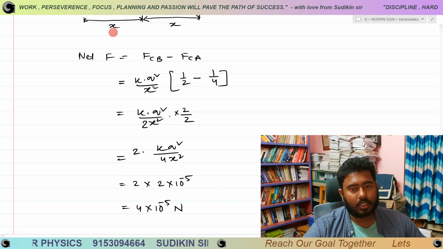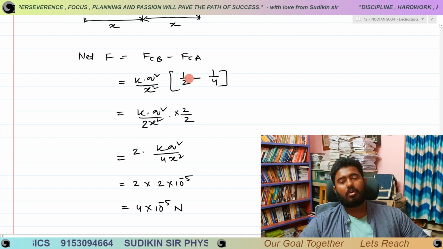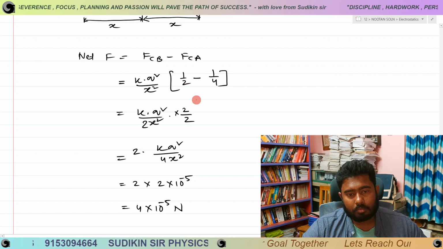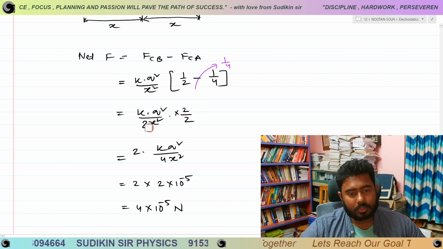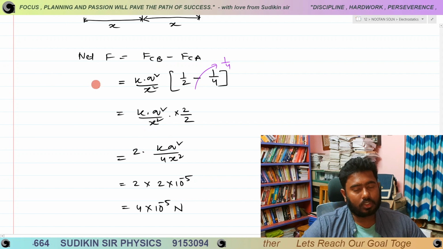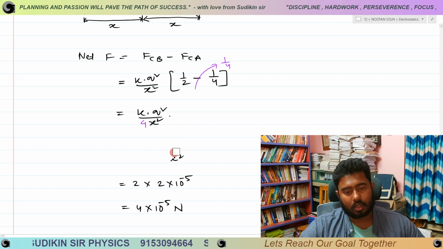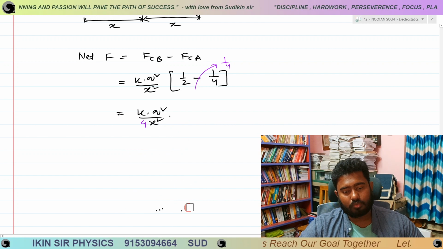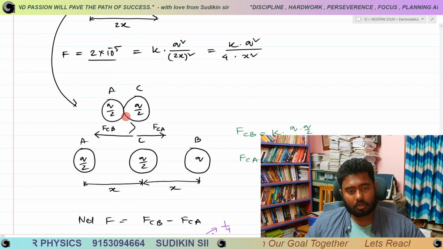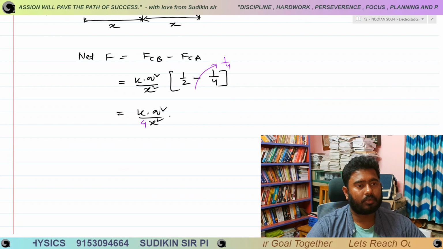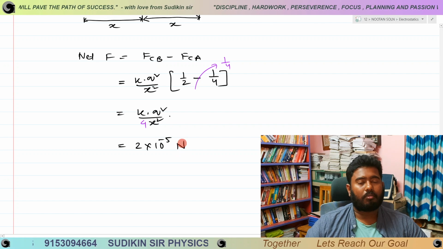Okay, the problem here is simple. This is a calculation mistake: half minus 1 by 4 is 1 by 4, and I had mistakenly written it as 2. So we don't need to write all these things, we just put the value. We already know K Q square by 4x square is 2 into 10 to the power minus 5, so the net force is 2 into 10 to the power minus 5 Newton.